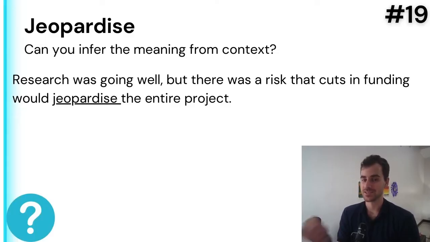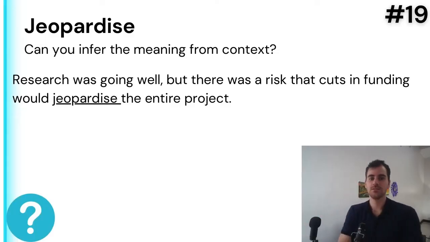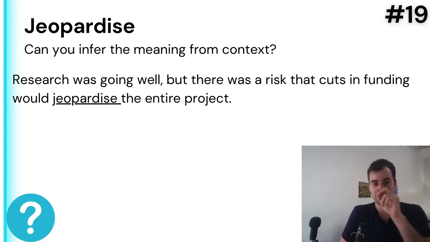Jeopardize, jeopardize. Although it's spelled P-A-R, I always pronounce it P-R-A. Jeopardize, jeopardize. I don't know why, but that's the standard pronunciation. Have you ever played the board game Jeopardy?